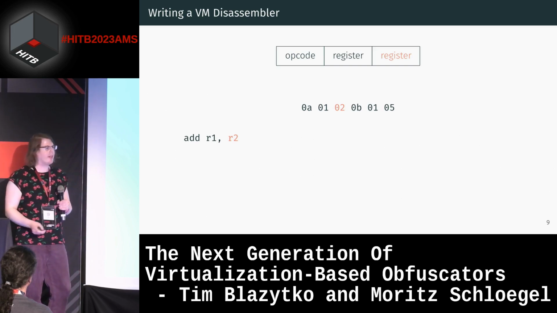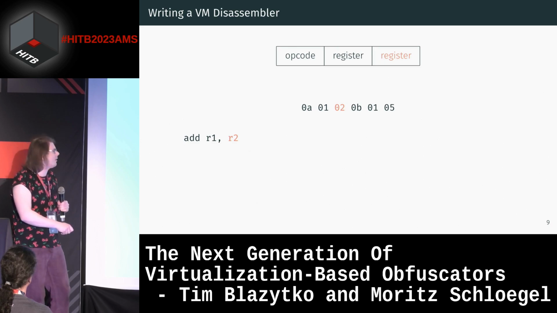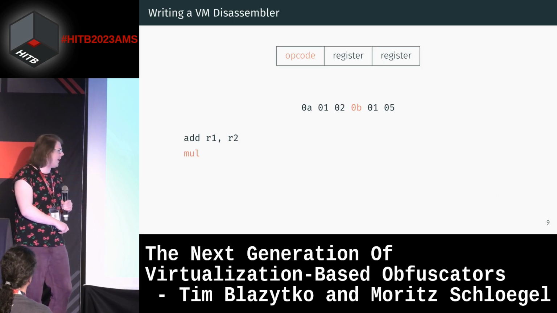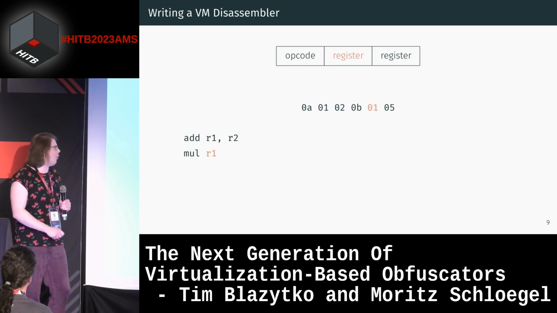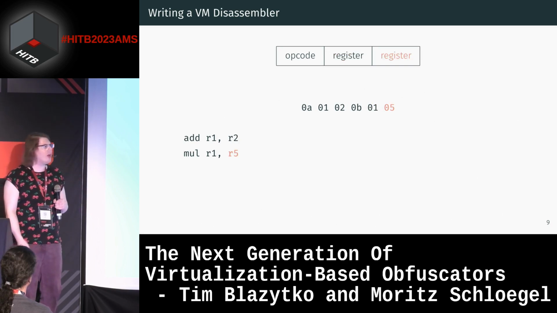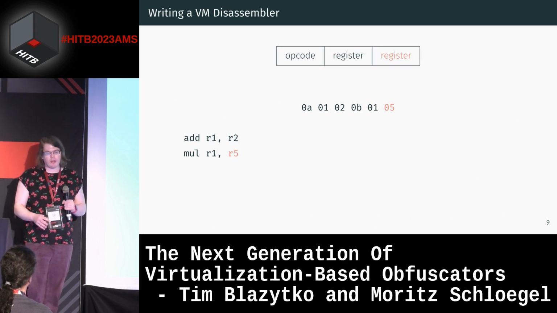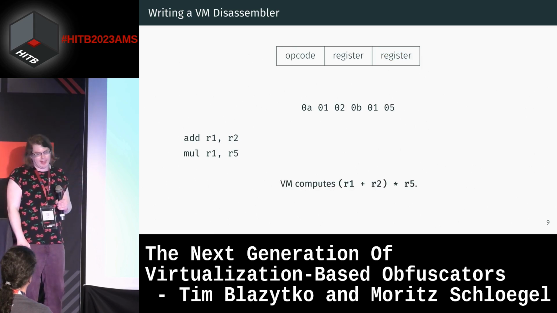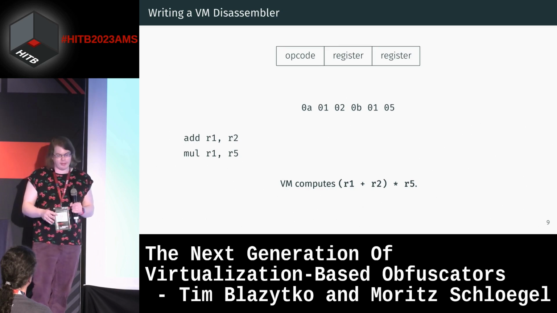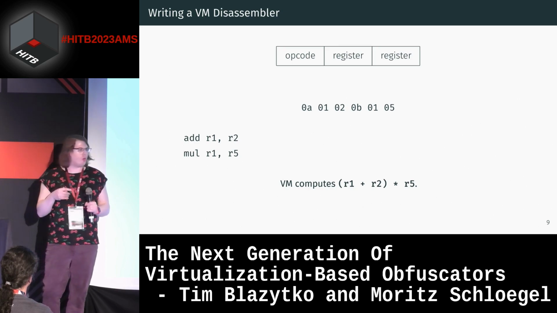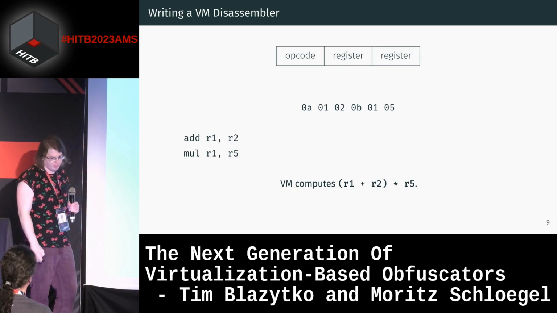And then we know the instruction is only 3 bytes. So the fourth byte will be the next instruction, which decodes to a multiplication of R1 and R5. Now, based on this, we could reconstruct the high-level flow. For instance, we can say this computes R1 plus R2 times R5.